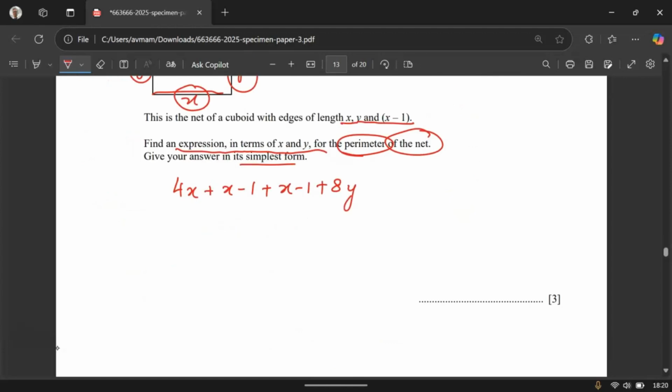Let's tidy up this. 4x plus 1x is 5x plus x is 6x, so that will give you 6x. Minus 1 is minus 2 plus 8y minus 2. Okay.